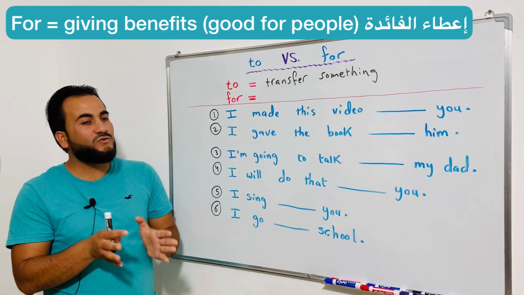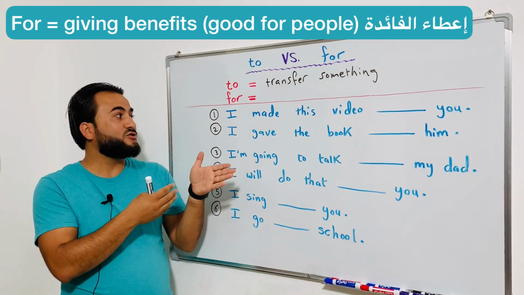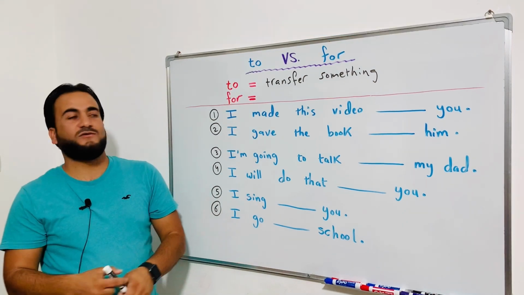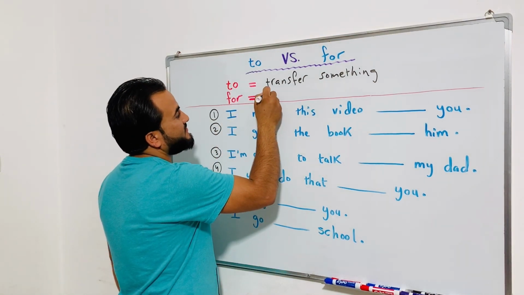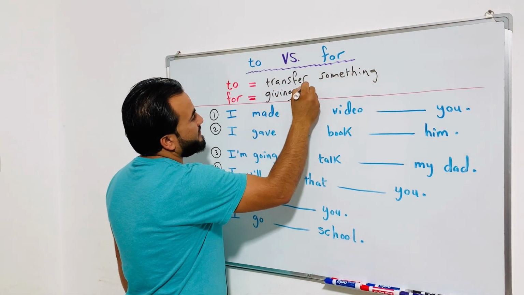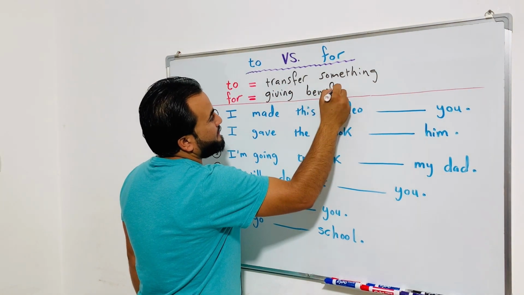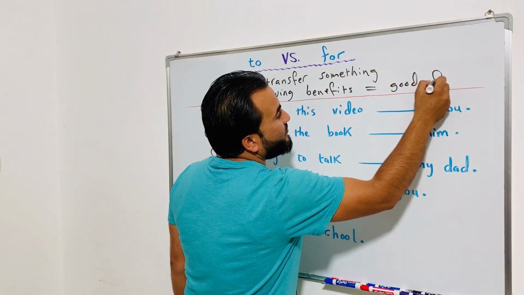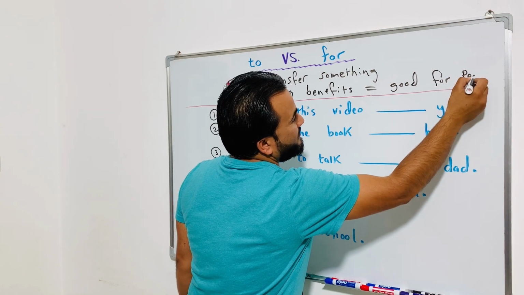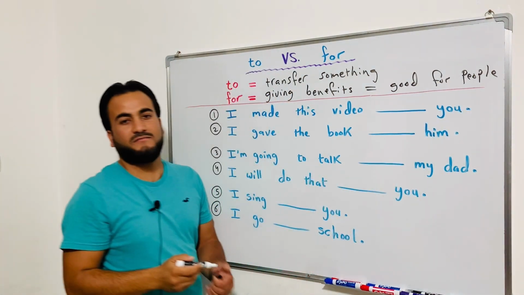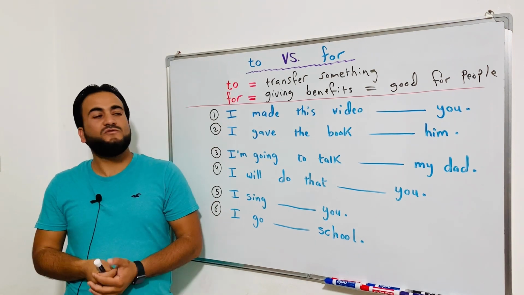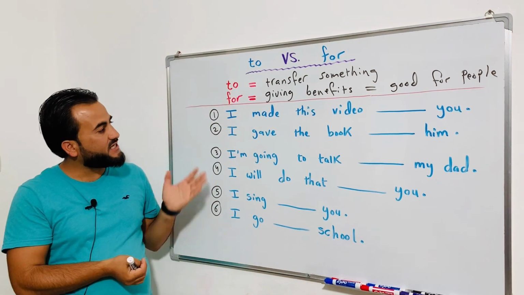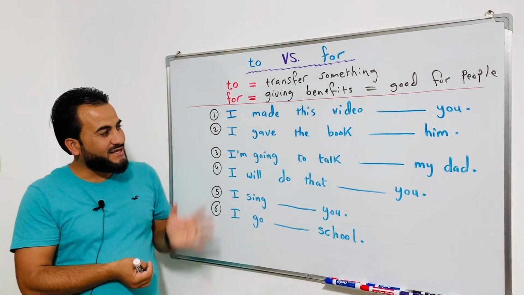Okay, so we use for. So for is for giving benefits. Meaning good for people. Okay, very nice. خلينا نشوف شو الفرق وكيف بنستخدم التو والفور من خلال هذه الأمثلة.